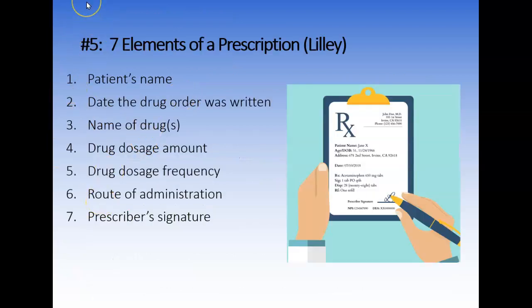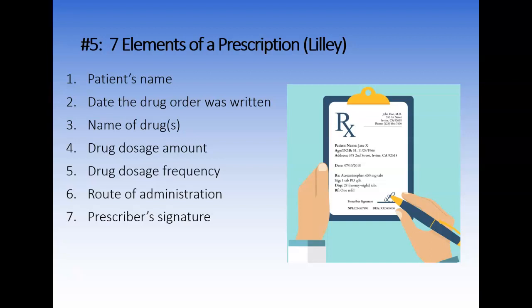All right, so we talked about 6 elements of a prescription, but we're going to go through 7. First of all, you want the patient's name, the date the drug order was written, the name of the drug, the drug dosage amount, the drug dosage frequency, the route, and the prescriber's signature.